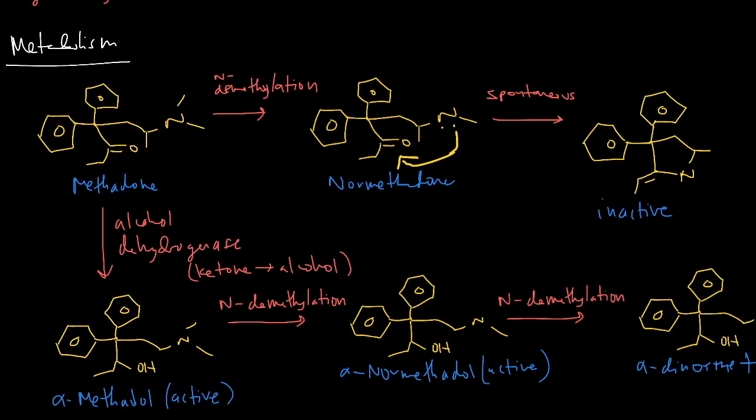Methadone can undergo alcohol dehydrogenase to change the ketone here to an alcohol over here. I wrote it out for you, ketone and alcohol. I remember I said that demethylated products have the nor prefix, so demethylation produces nor. So methadone undergoing demethylation changes the name to normethadone.